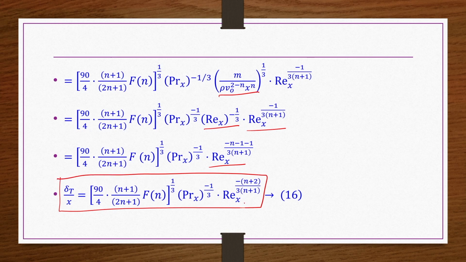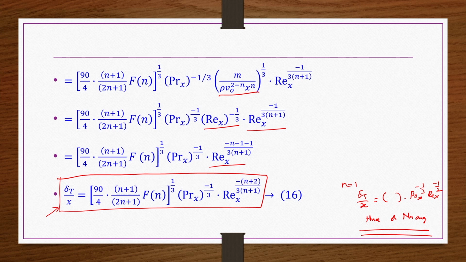So, this is the final expression that we have, right. So, now here if n is equal to 1, then delta_t by x is some constant times Prandtl_x power minus 1 by 3 and then Reynolds_x power minus 1 by 2 you get, because whatever Nu_x or Nu average etc. expressions are there, they are obtained after using this expression in those definitions, right.